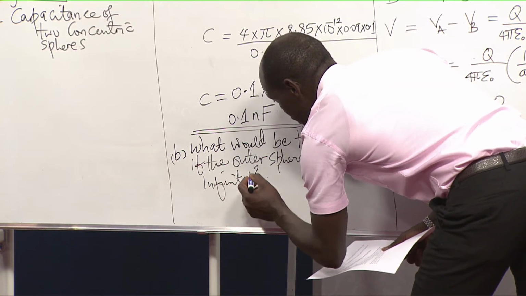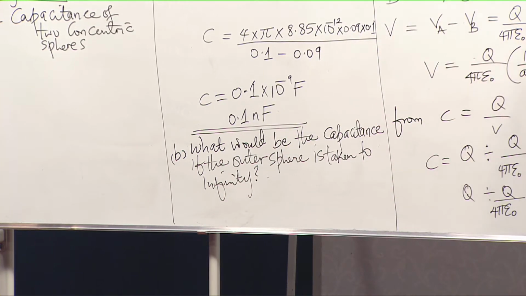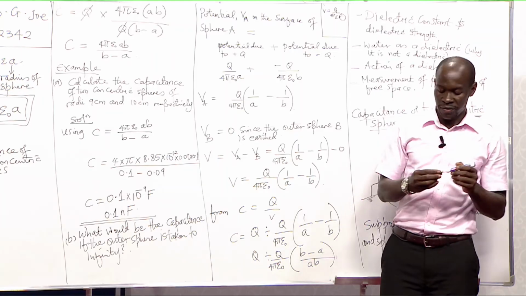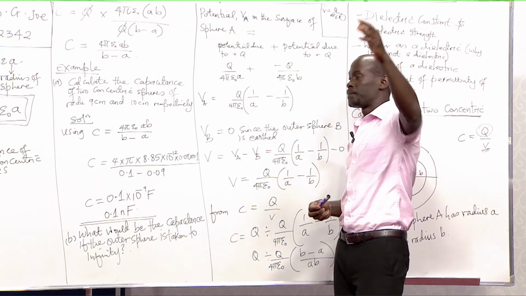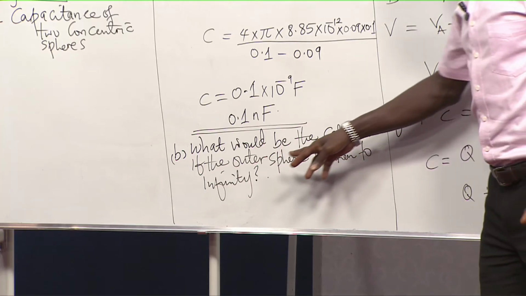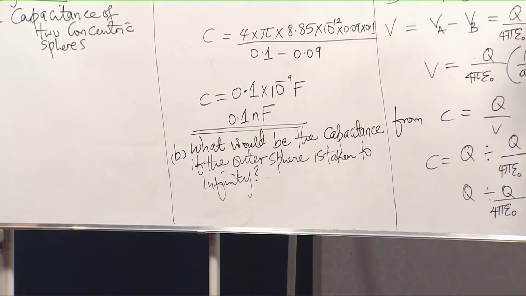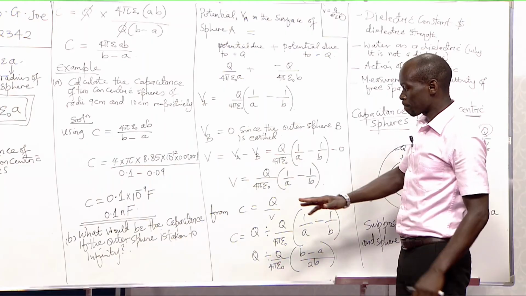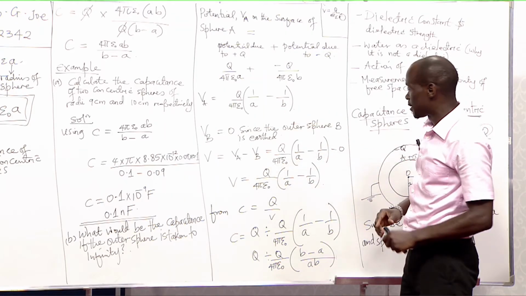Is taken to infinity. Now, what exactly do we mean by taking it to infinity? You take it far away, and by so doing, you are removing it. You're basically remaining with only one, which is going to be isolated.